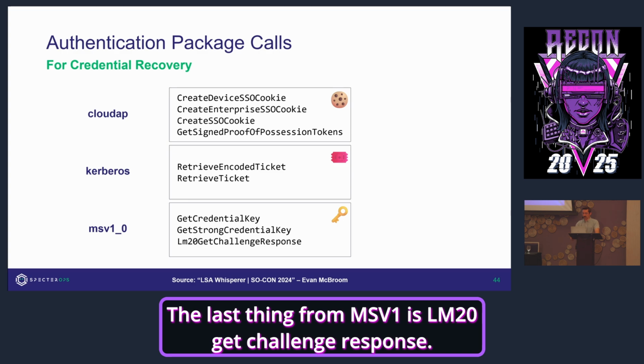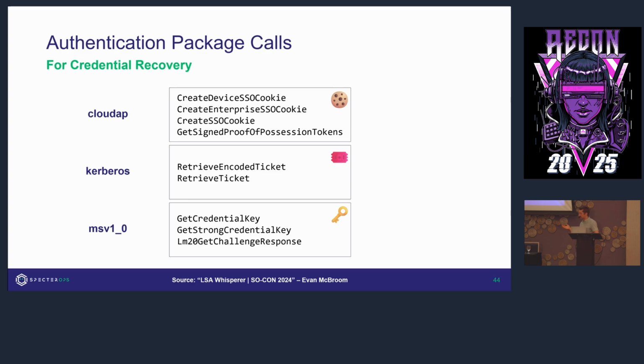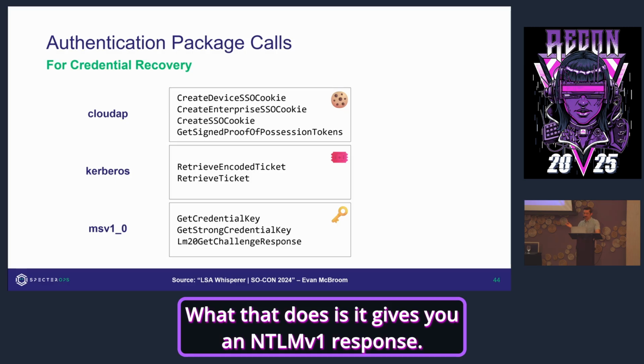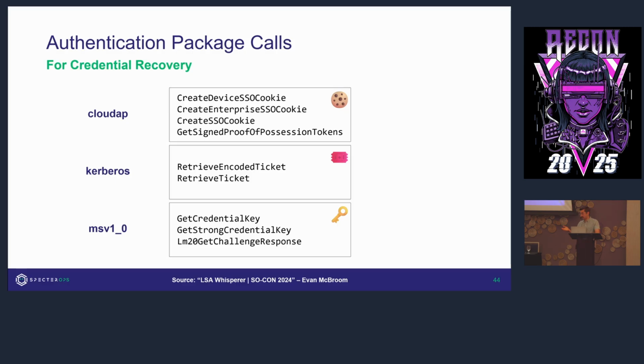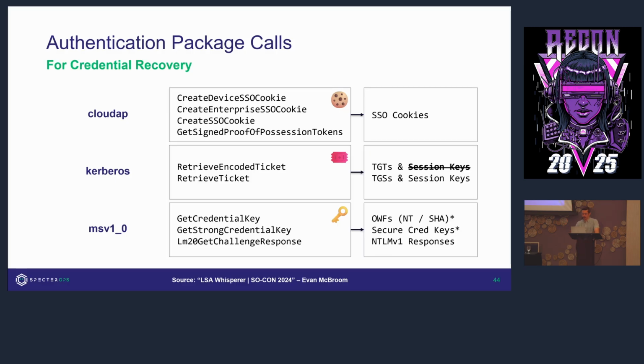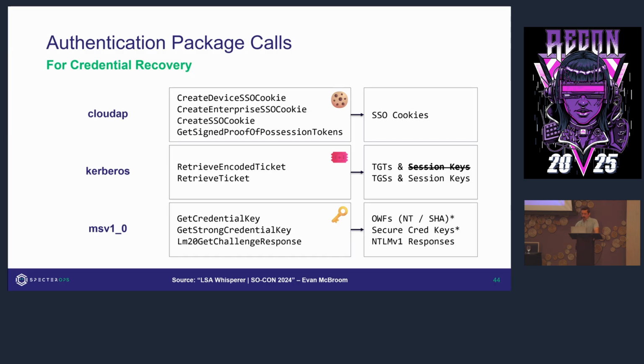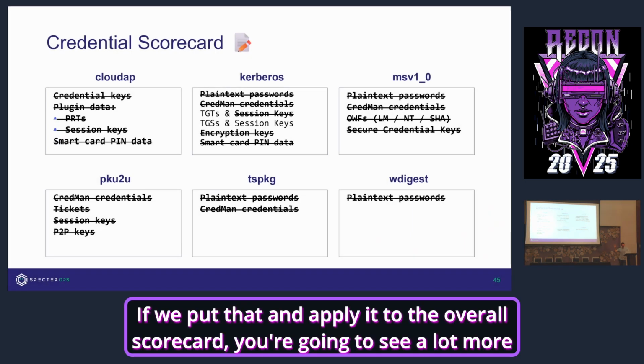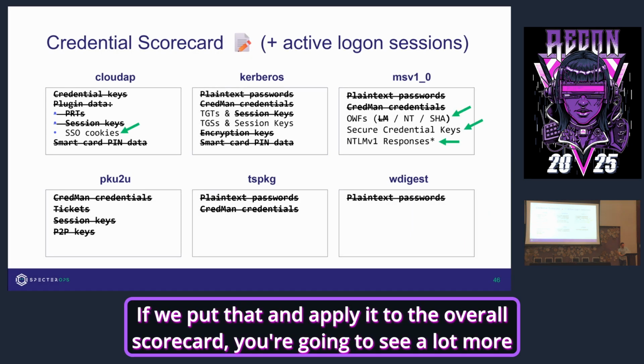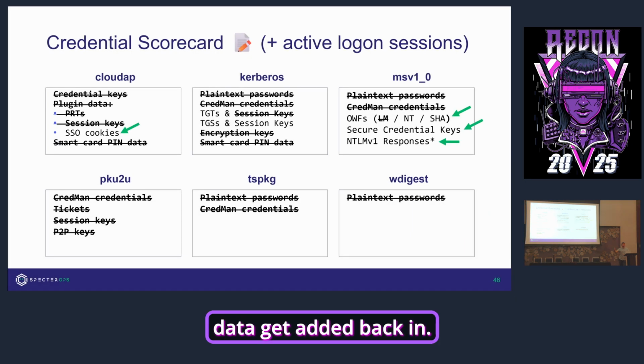The last thing from MSV1 is LM20 get challenge response. What that does is it gives you an NTLM v1 response. So we can map that to things that you would see on the scorecard. If we apply that to the overall scorecard, you're going to see a lot more data get added back in.